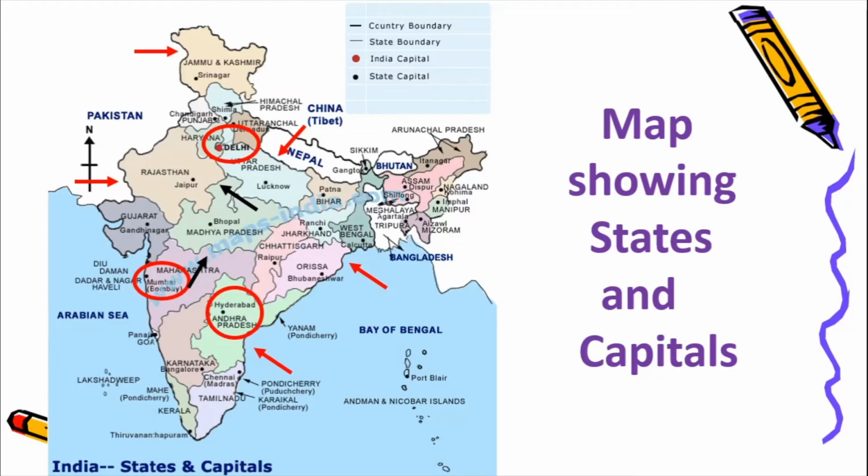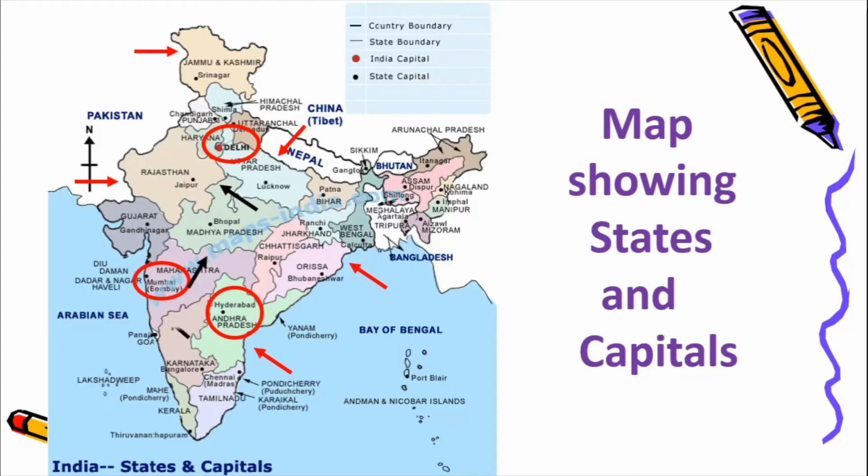So see here, this black arrow is the border between Madhya Pradesh and Rajasthan. So these are two states, Madhya Pradesh and Rajasthan. They are part of India, but they are two different states. So we can see a border between them. Here you will see the border between Maharashtra and Madhya Pradesh.